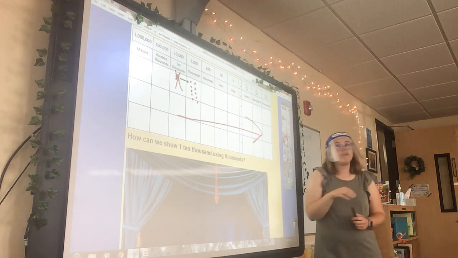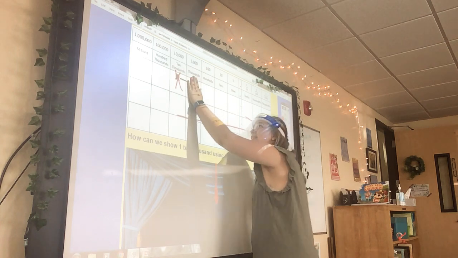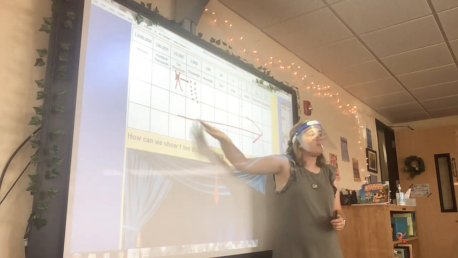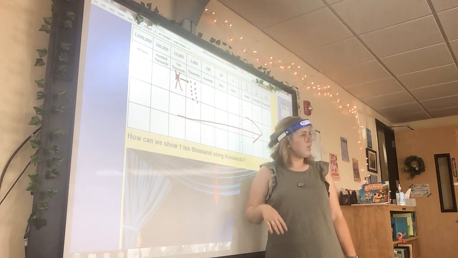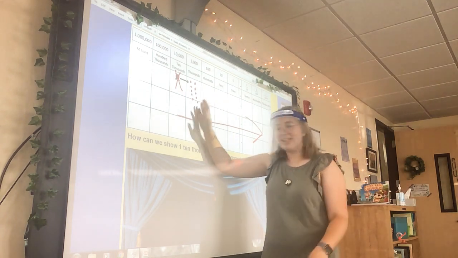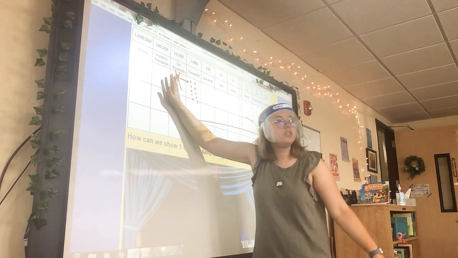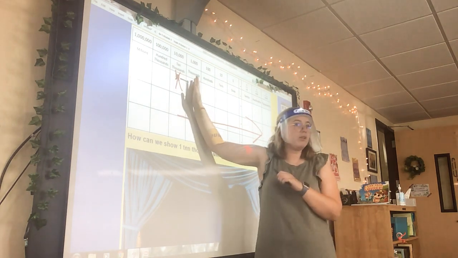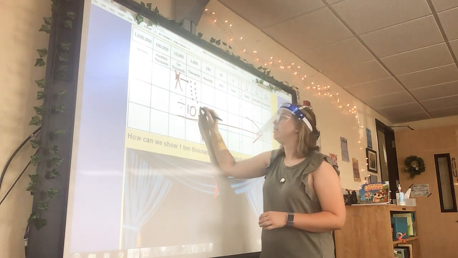So if I move from one place value directly to the next adjacent place value, meaning directly next to it, to the right, I'm dividing by 10.